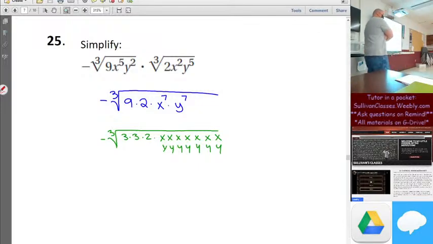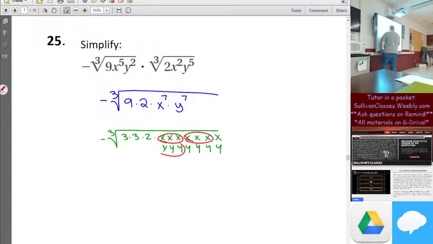Like, okay, ladies, gentlemen, take note. If you enter into a relationship with Jack, you expect things. 3, 3, 3, 3. So I can take a pair of x's out. I can take a pair of y's out.